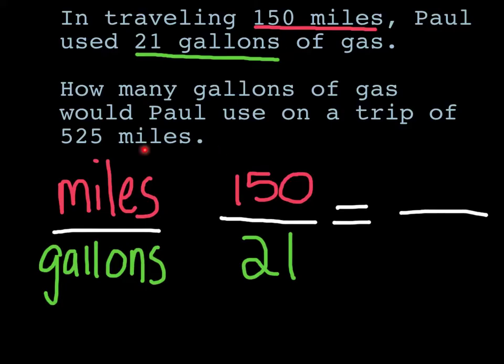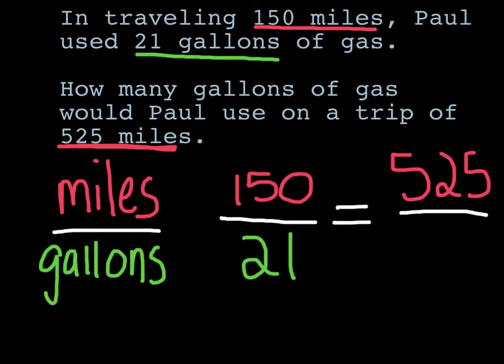Looking at the second part of the word problem, I see that we know how many miles we are traveling, so I will underline that piece of the problem in red, 525 miles, and then I will be sure to put this information in the top or the numerator of my fraction because the 525 miles over here correlates to the 150 miles over here.